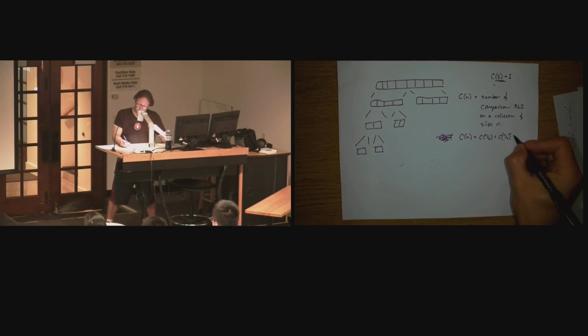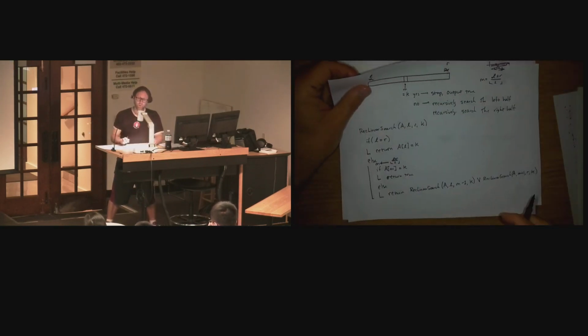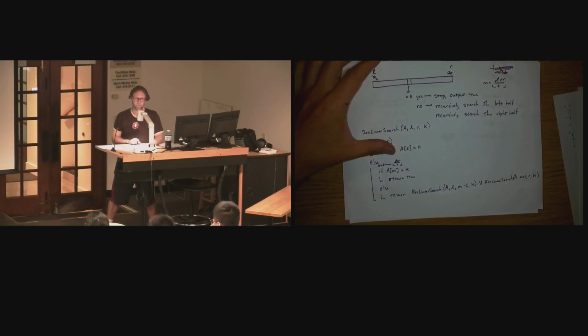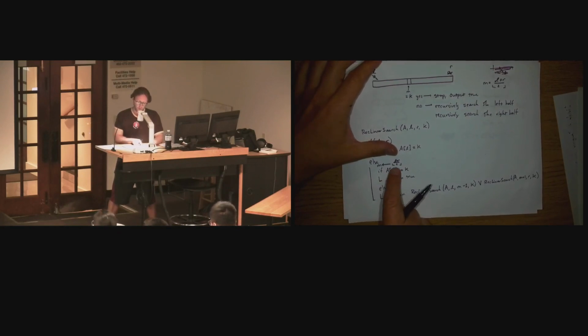Plus, what's the non-recursive work here? Well, this is just necessary for the control structure of the algorithm. It's the base condition that you quit on. We're doing an addition, a division, a floor, an assignment. Pick any one of those to be your elementary operation if you want. Otherwise, there's also 1 comparison. So which one do you want?